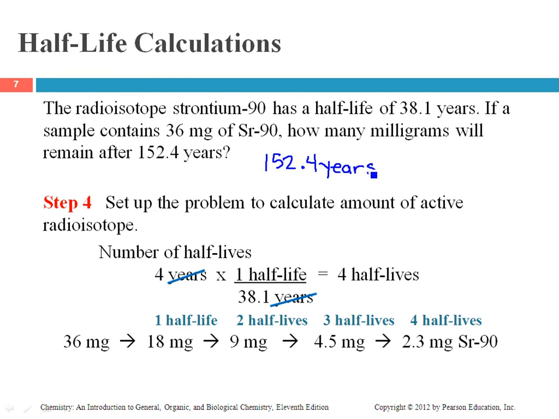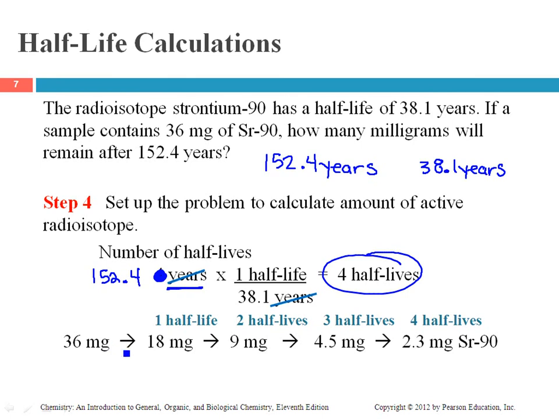So we have 38.1 years, and we're basically going to have to divide 152.4, that's how long we want to know how much is going to be left after, and we get 4 half-lives. I think we have a little typo here: 152.4 years. So 152.4 divided by 38.1 is going to give us 4 half-lives. So we're going to halve our original amount 4 times.